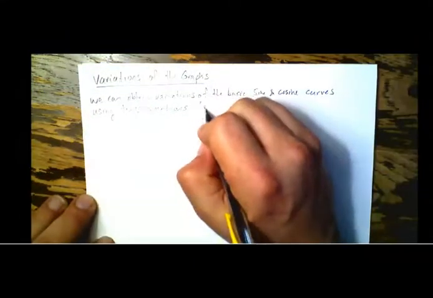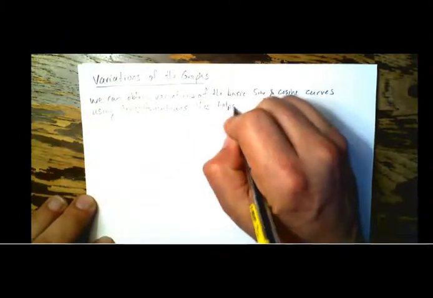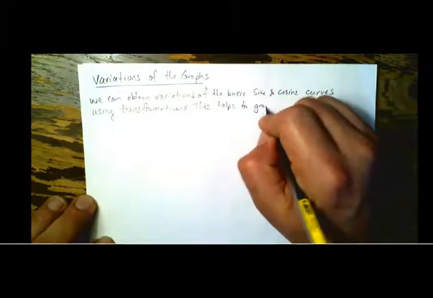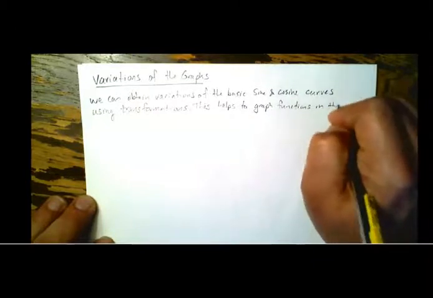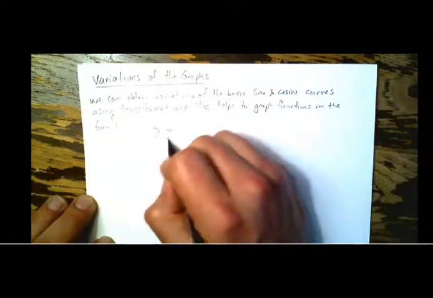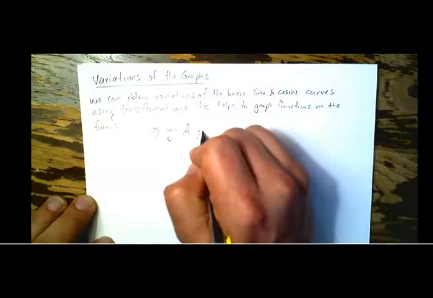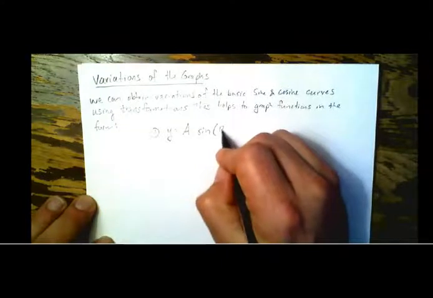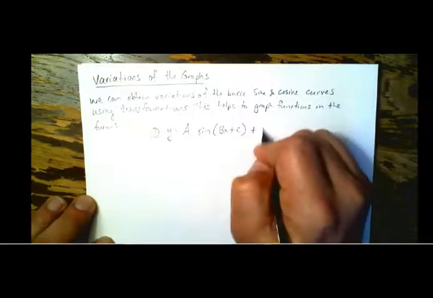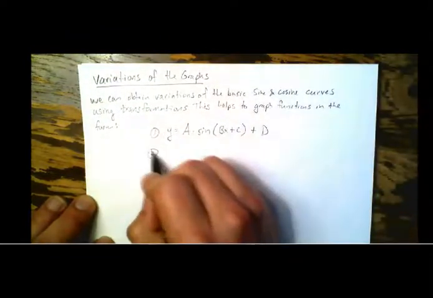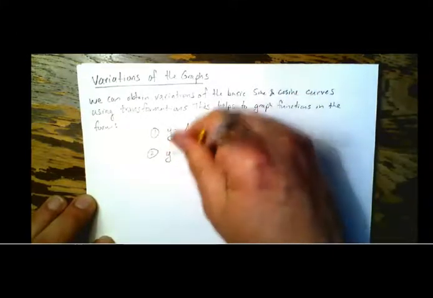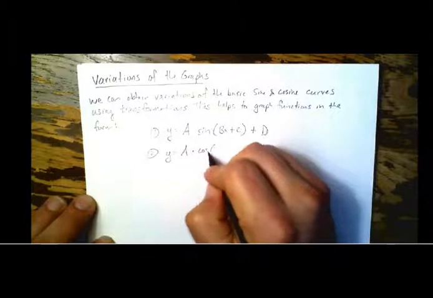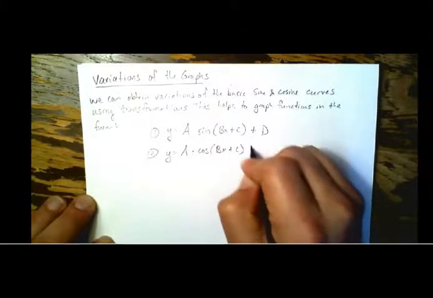This helps to graph functions in the form y equals a times the sine of (bx plus c) plus d, or y equals a times the cosine of (bx plus c) plus d.